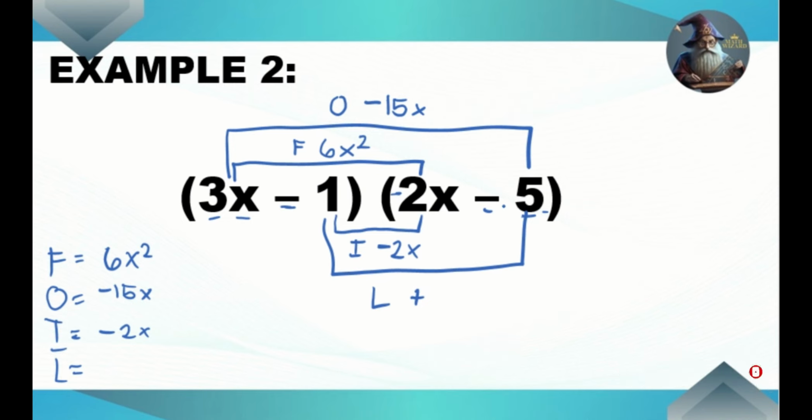And 5 times 1, that is 5. So that is positive 5.